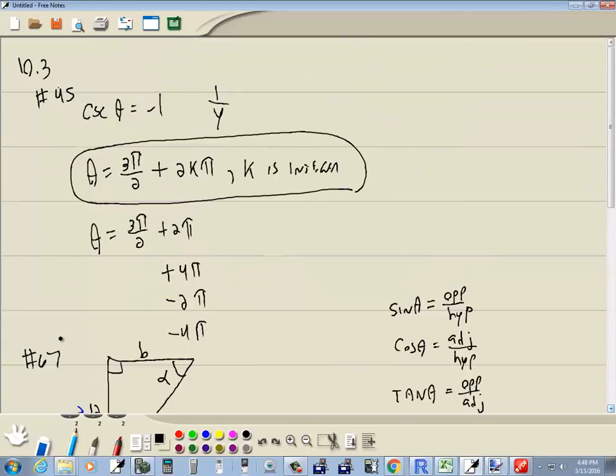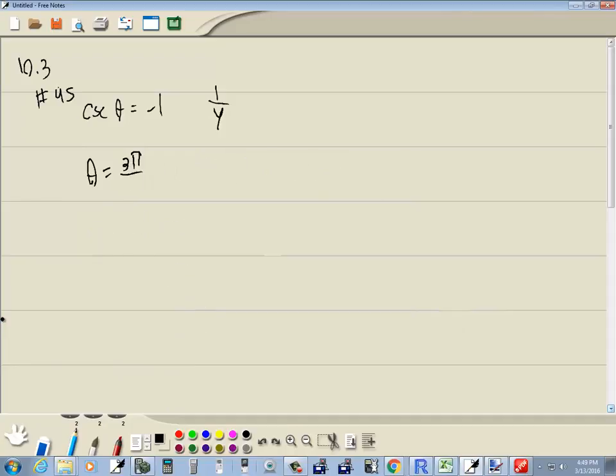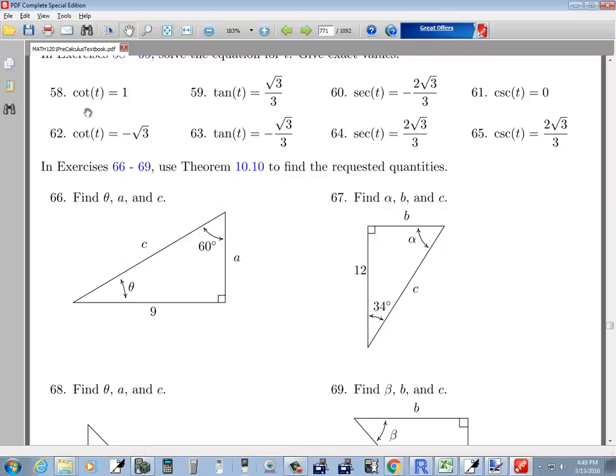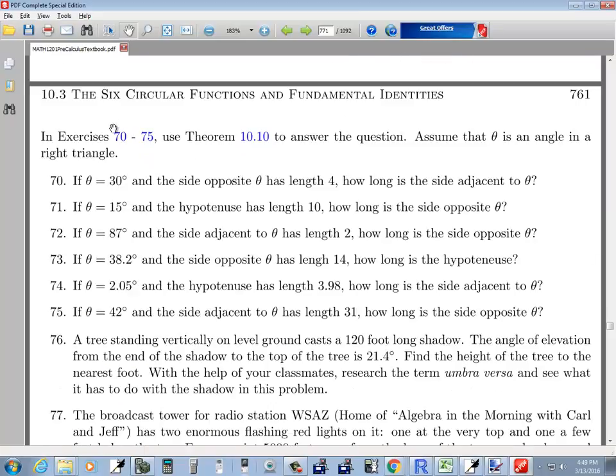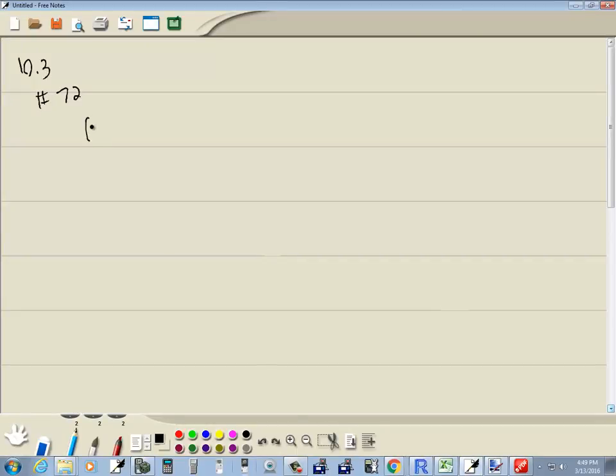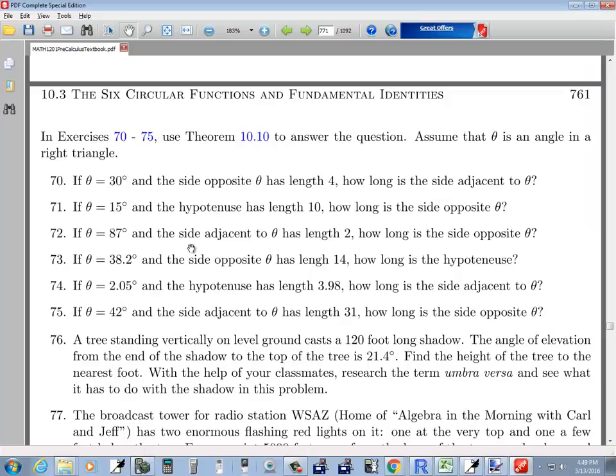Okay, let's look at 72. 72 says, let's see, theta is 87 degrees, and the side adjacent to theta has length 2.